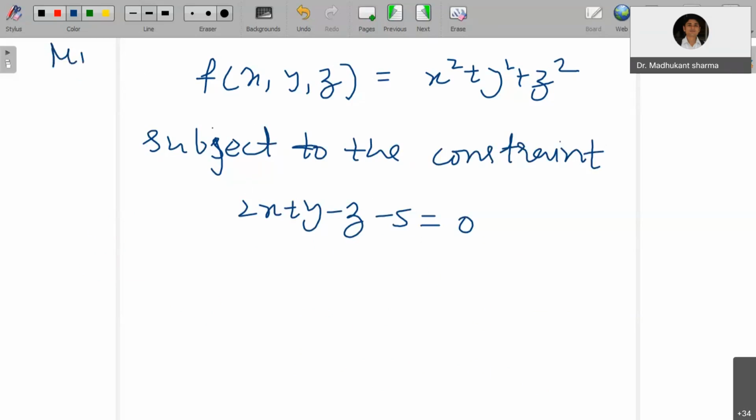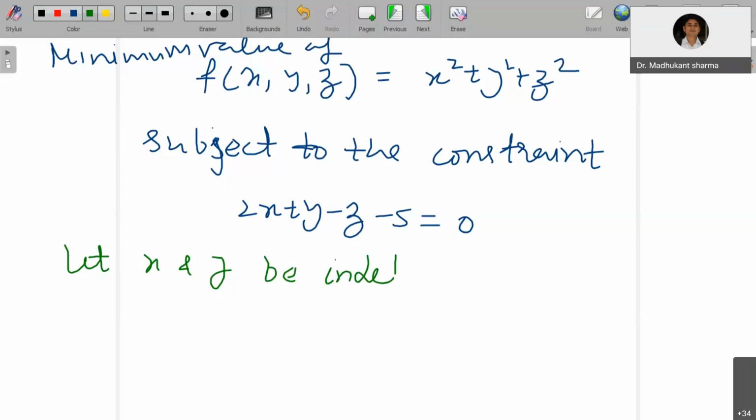So we want to find the minimum value of f. Now, as I mentioned, let x and y be independent variables.